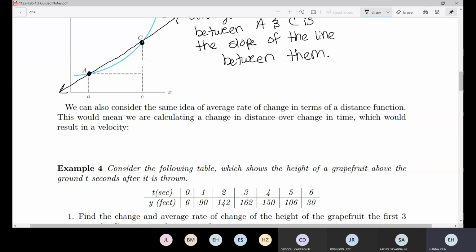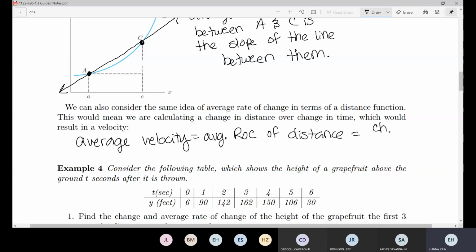The average velocity is the average rate of change of distance. So average velocity means average rate of change of distance. So it's going to be some change in distance over a change in time.